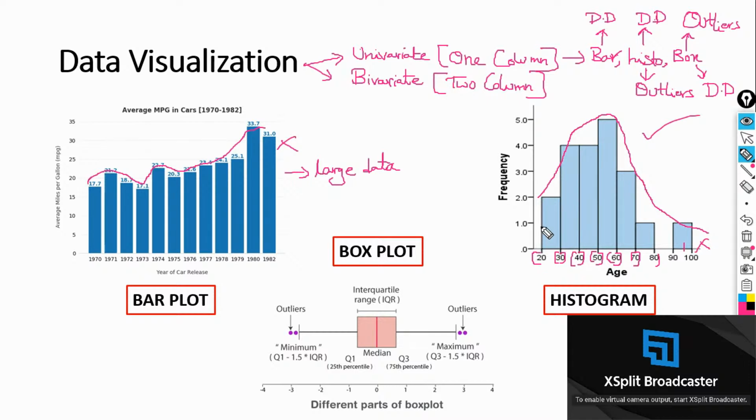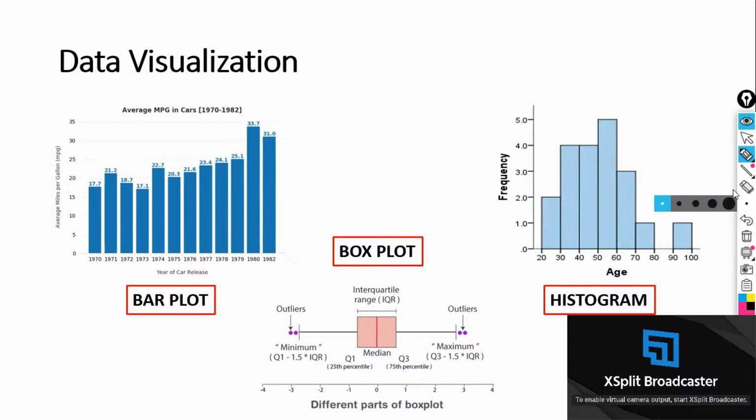Histogram is very easy to understand, but Boxplot being a new visualization for us, let us understand Boxplot well. Under Boxplot there are different parts. The first one is lower limit.